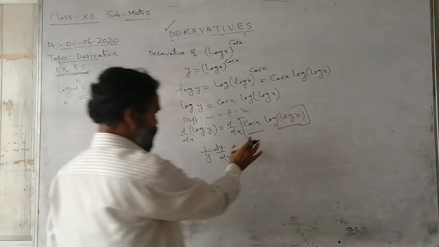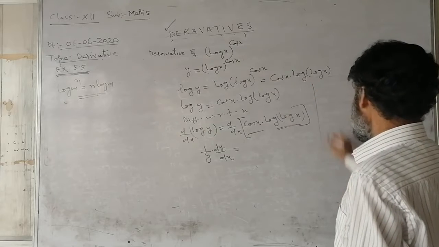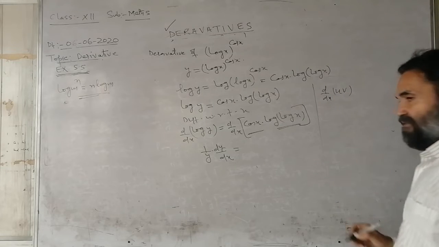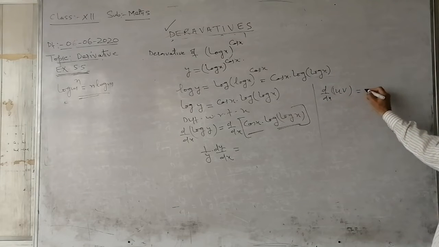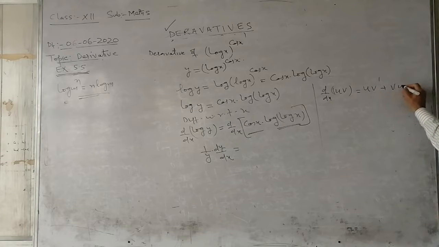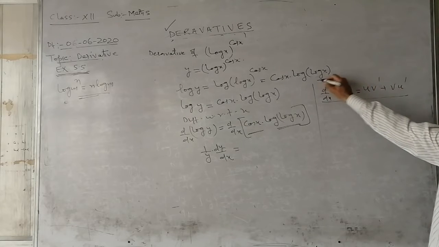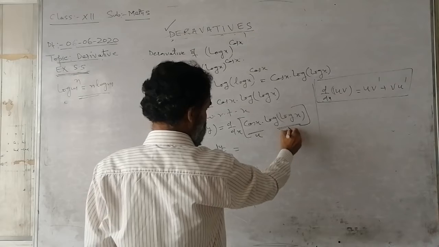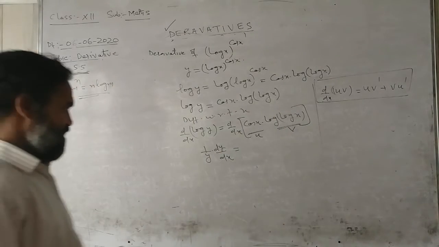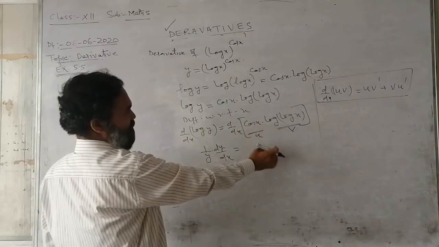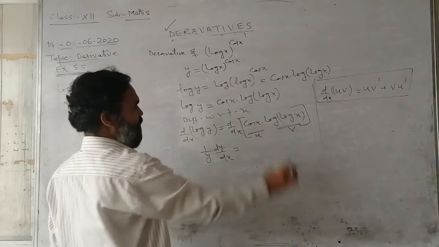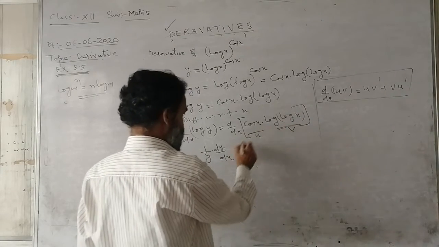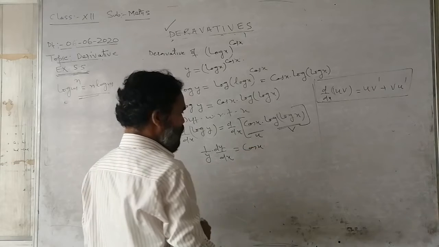So here I will have to use the product formula for two functions, which says u v dash plus v u dash. This formula will be applied here. I have considered cos x as the first function and log x as the second function. So its derivative will be the first function, that is cos x, into the derivative of the second.